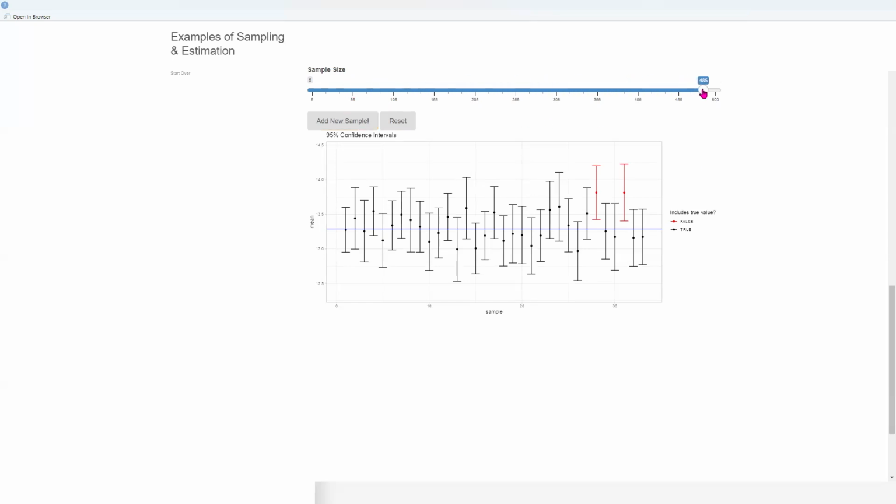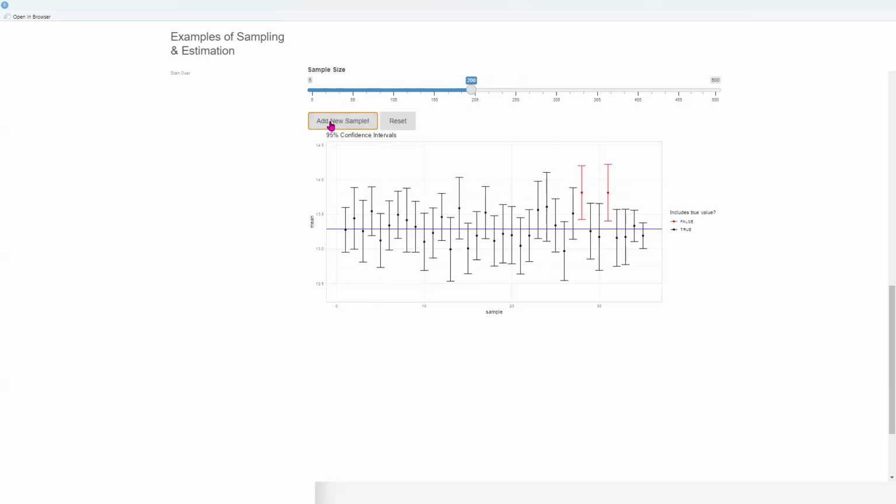If we increase the sample size from 50 to 200, the confidence interval is going to be half the width of the previous ones, because the width of the standard error and the confidence interval depends on 1 divided by the square root of n. So if the sample size is 4 times larger than before, the standard error will be half of it.